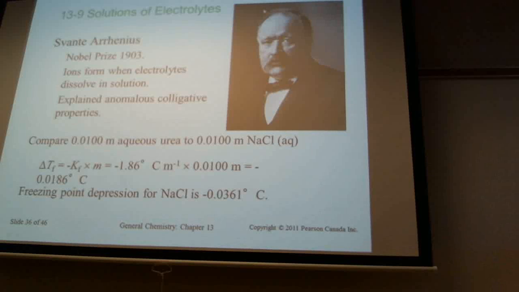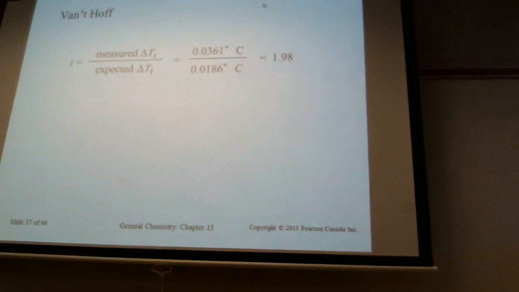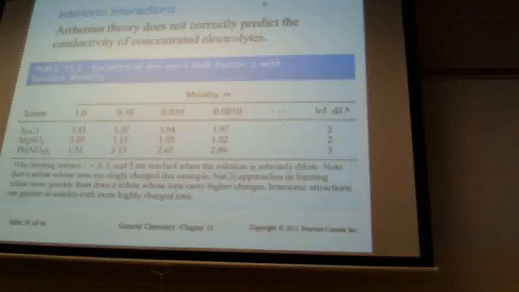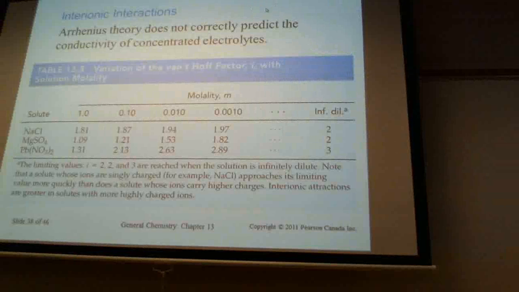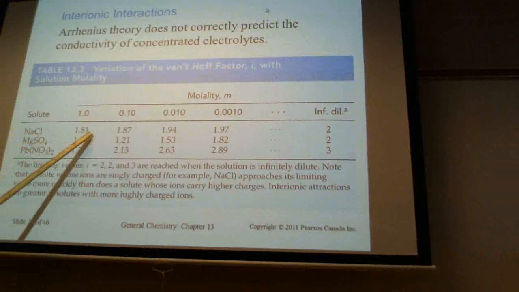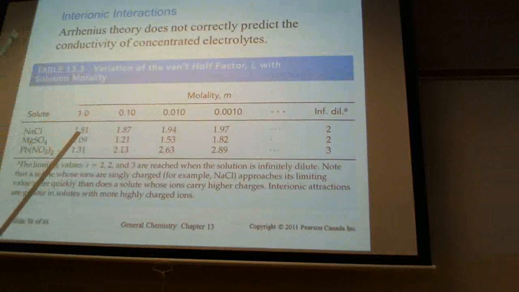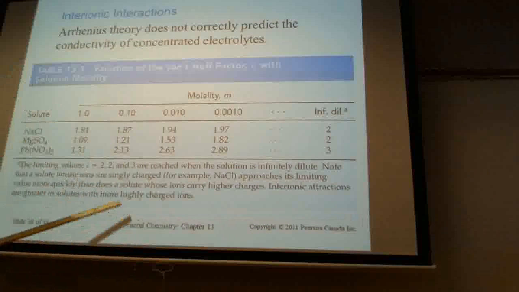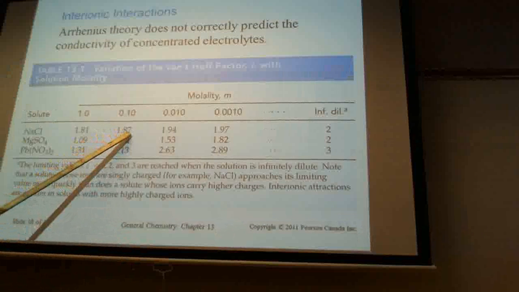What do you think could cause a solution to deviate from ideal behavior? Concentrations, interionic attractions, like dimerization, that causes solutions to deviate. And so this is just showing, as the concentrations go up, the ions begin to attract each other, and so the expected concentration is different.